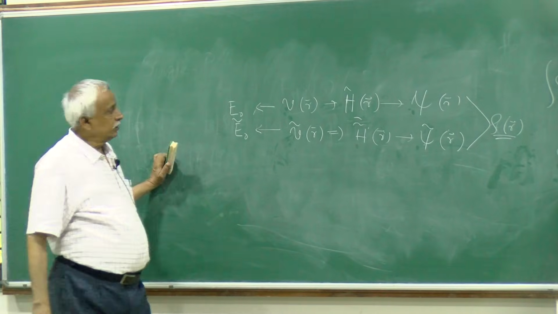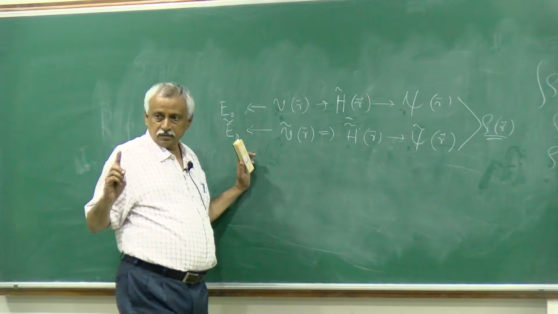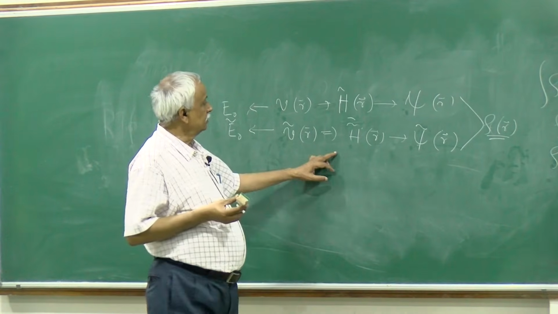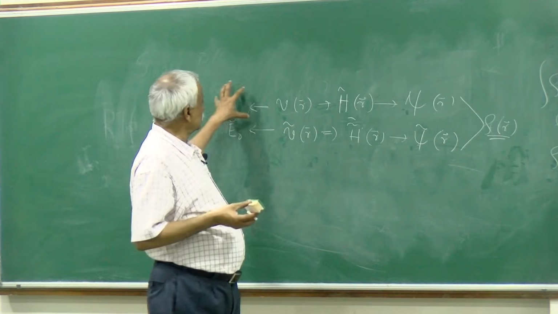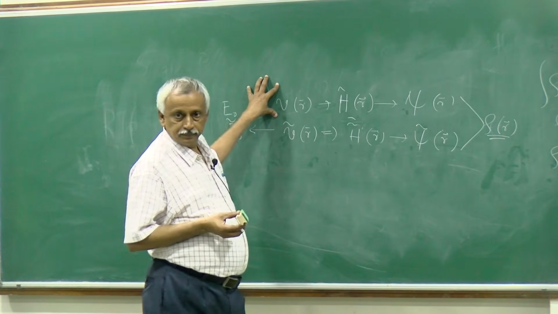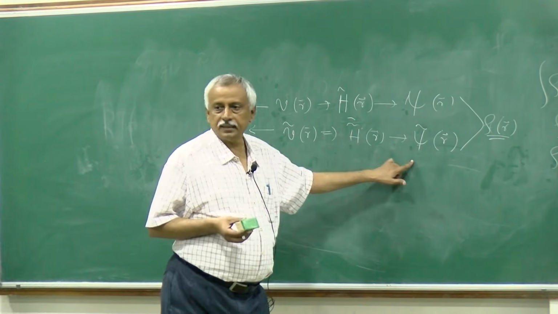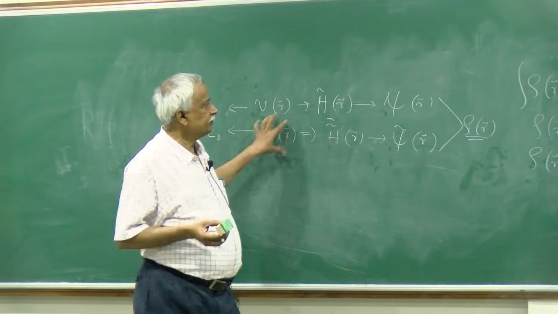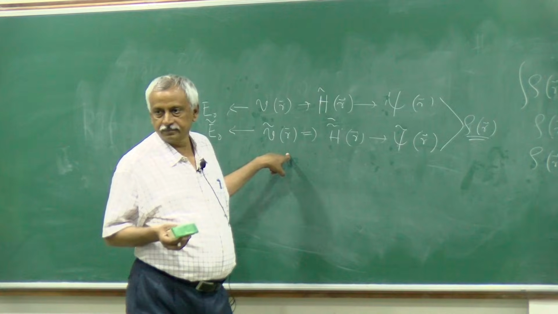Now what Hohenberg and Kohn did is, you consider this problem and treat this as a trial function. And then you consider this problem, and treat this as the trial function.